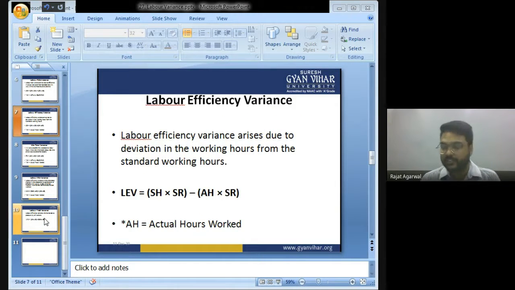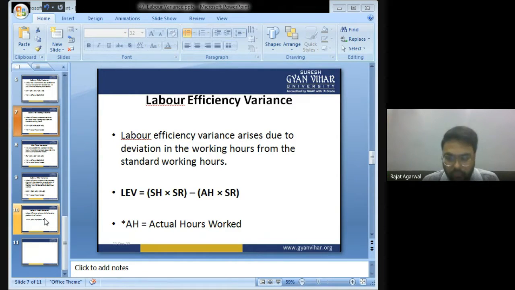The labor efficiency variance. Labor efficiency variance arises due to deviation in the working hours from the standard working hours. It is similar to material usage variance.